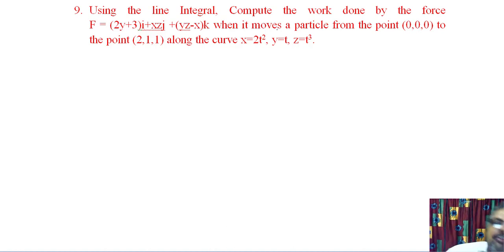If you substitute x equals 0, t becomes 0; x equals 2, t becomes 1. If you put z equals 0, t becomes 0; z equals 1, 1 equals t³, again t equals 1. If you substitute any one of the equations, you will get the same limits 0 to 1. Okay. Now solution.